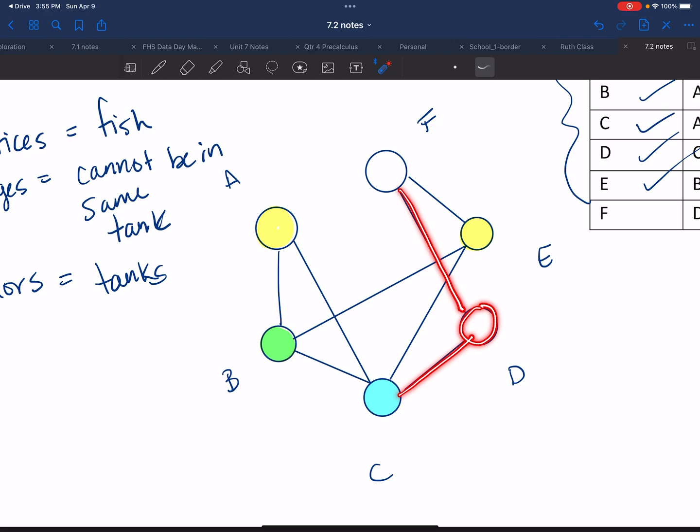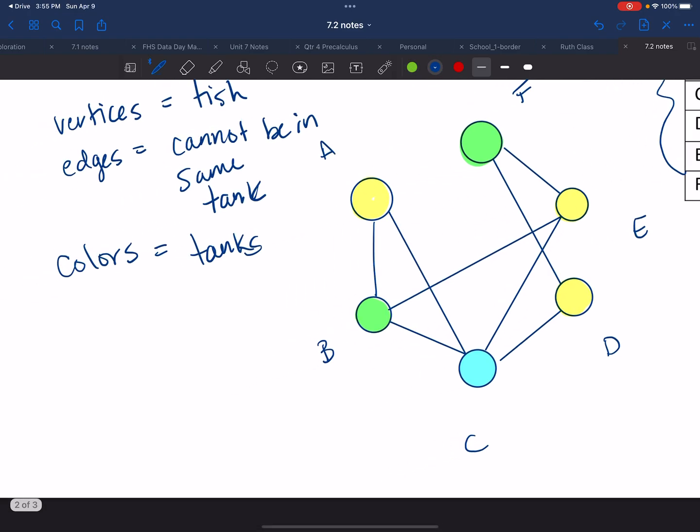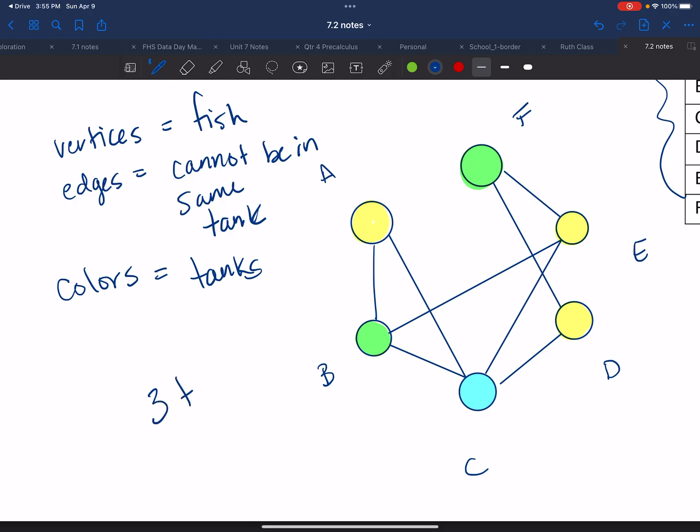So we've got some decisions to make. We know that this one cannot be yellow because it's connected to a yellow here. So let's go ahead and make that a green. And we know that it's not connected to this green, so we're in good shape. So when we go back to this one, if we're connected to a blue and a green only, we can make that yellow. So we can have 3 tanks.